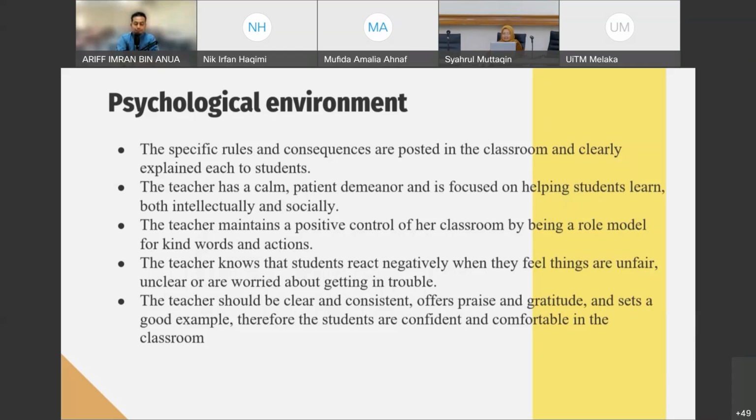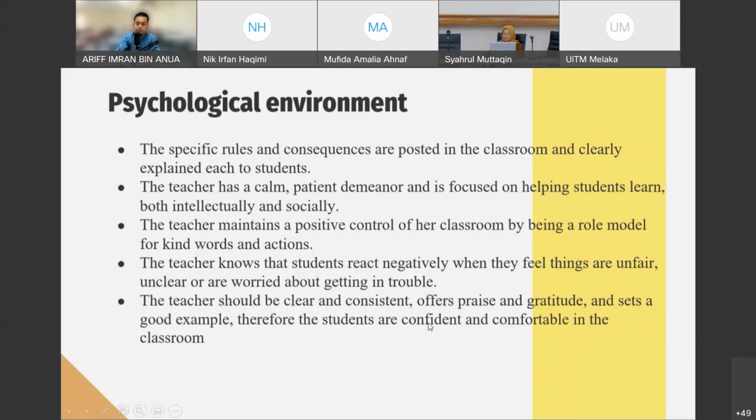And the psychological environment will also be seen from whether the teacher knows that students react negatively when they feel things are unfair or unclear, or are worried about getting into trouble. In creating the psychological environment, teachers should be clear and consistent, offer praise and gratitude, and set a good example. Therefore, the students are confident and comfortable in the classroom.